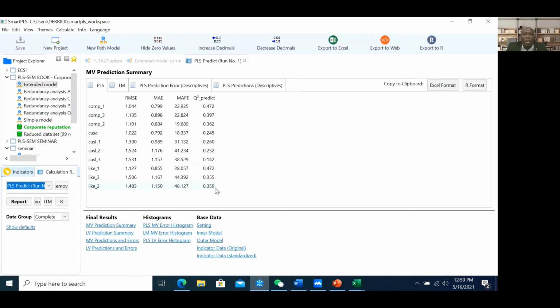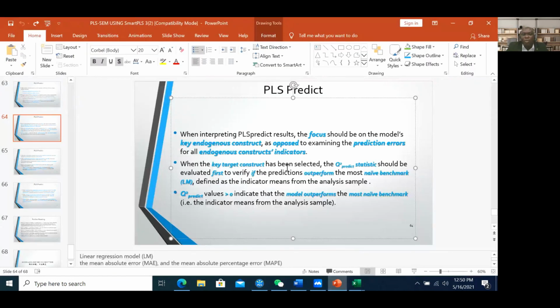In other words, are they higher than 0? From here, they are all higher than 0. So it means that the PLS predicts, the model outperformed the most naive benchmark, that is the linear regression model.